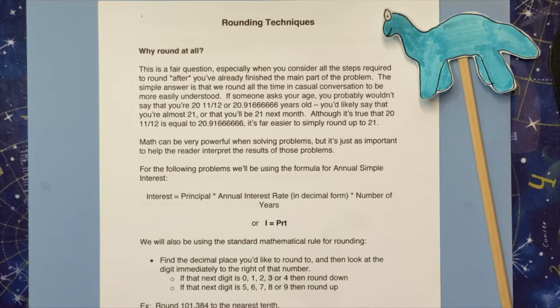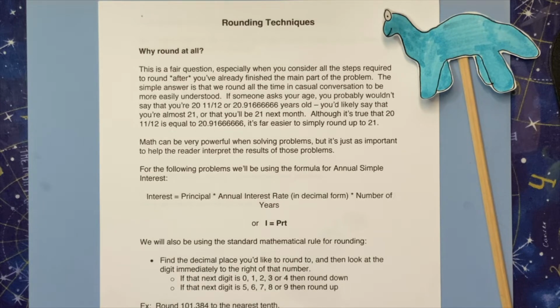book is asking for. And the idea behind this is that we want to round to make things make more sense in context. We round all the time in casual conversation to be more easily understood. If someone asks your age, you probably wouldn't say that you're 20 and 11/12ths or 20.91666666, etc. years old.